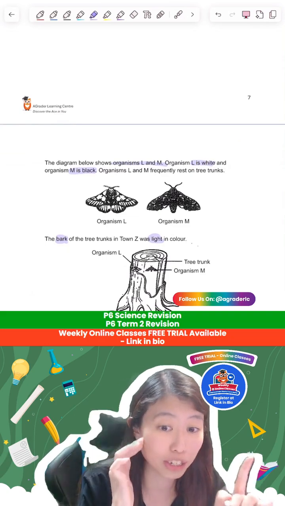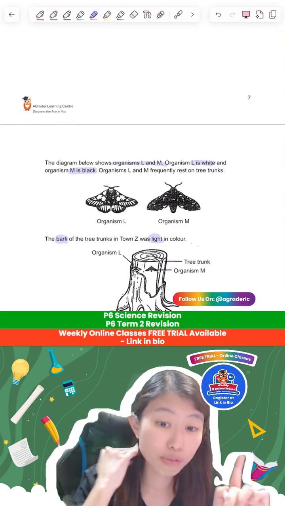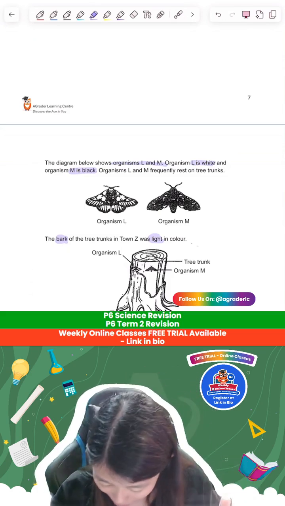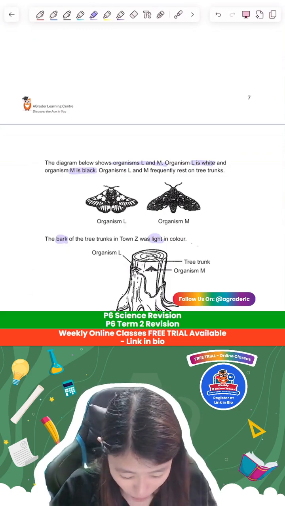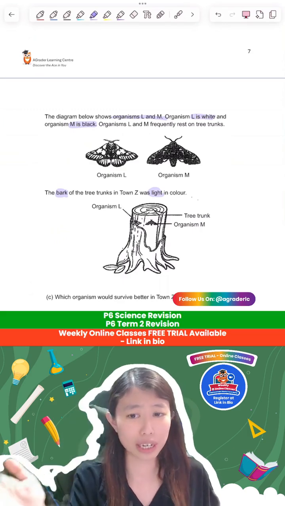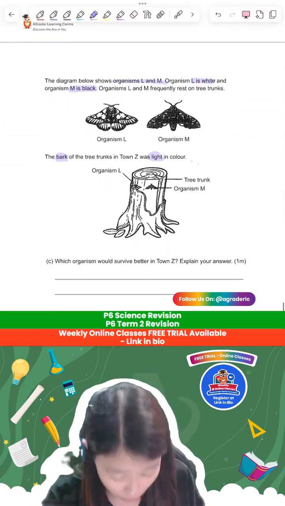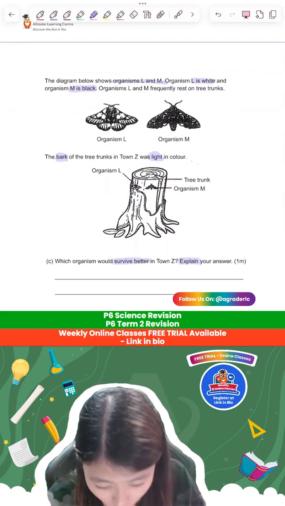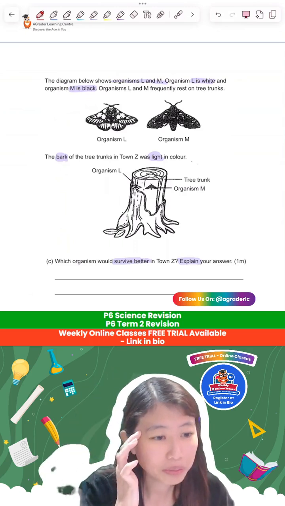Someone asked about adaptations, right? This is very closely related to adaptation. Just think logically. Which organism will survive better in town Z, and explain your answer. Which one do you think?